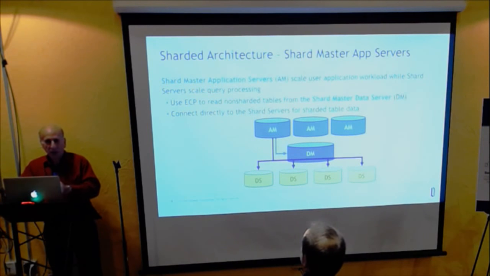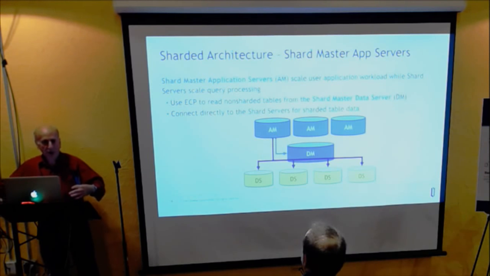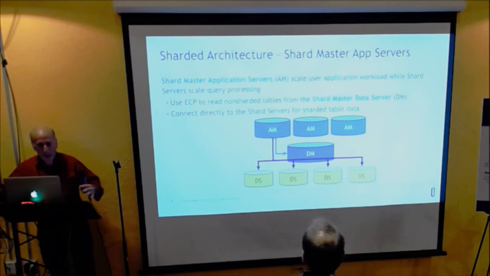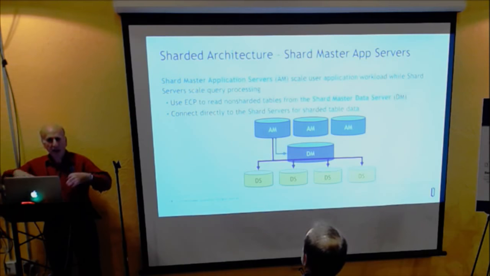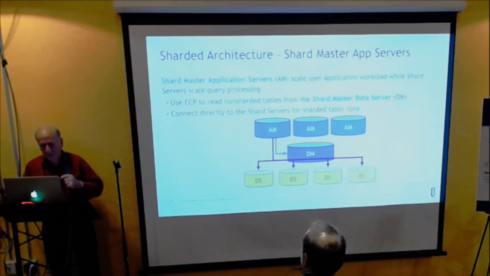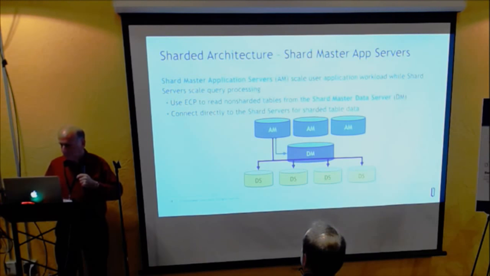You can scale multiple users running sharded queries, have the shard local components scaling on the data shard level at the same time that the combining and application portions are scaling at the application level.